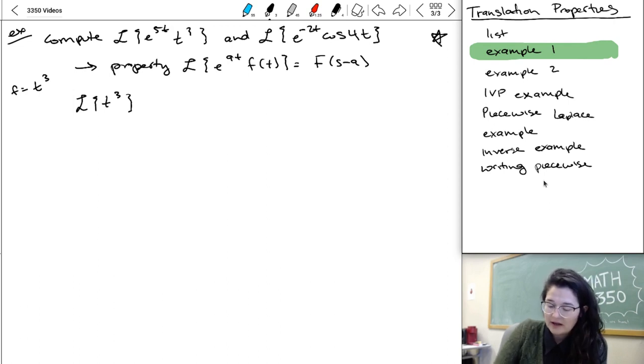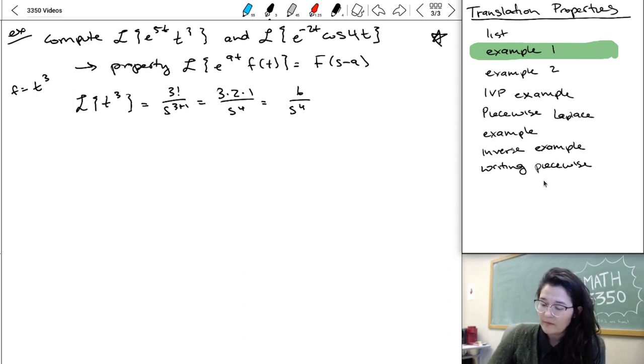So I'm going to compute Laplace of t cubed, because that's something I know. 3 factorial over s to the 3 plus 1, or 3 times 2 times 1 over s to the 4, so 6 over s to the 4. That would be capital F of s for little f equal to t cubed.